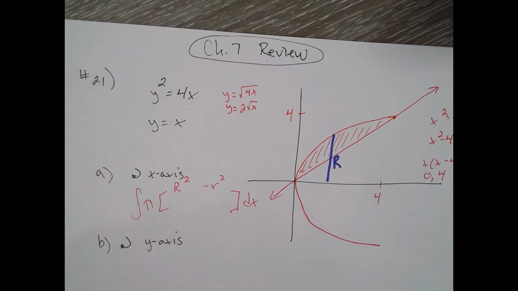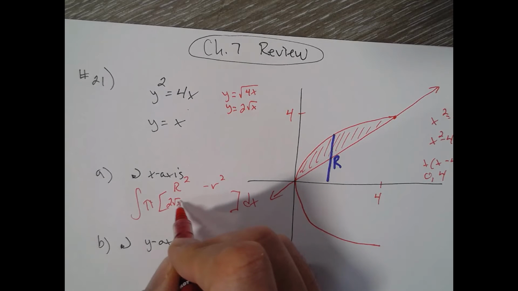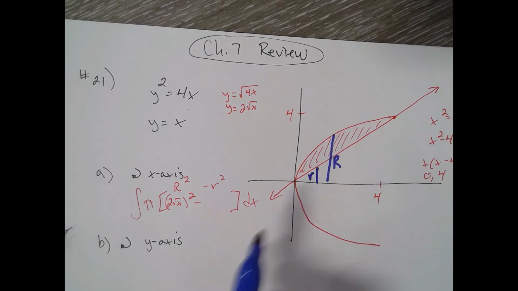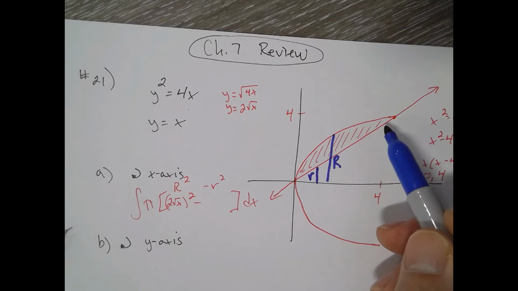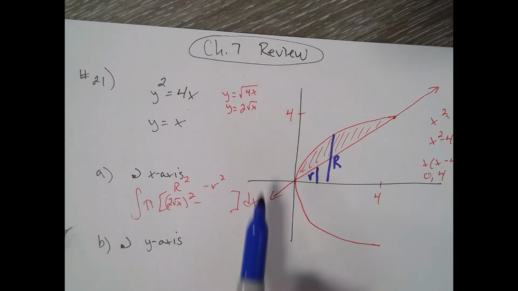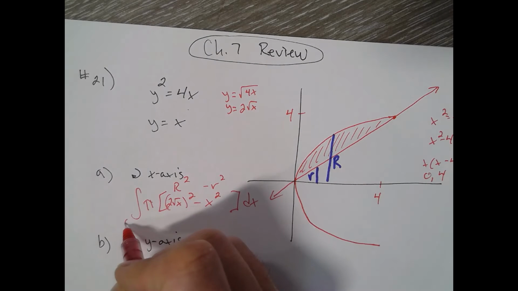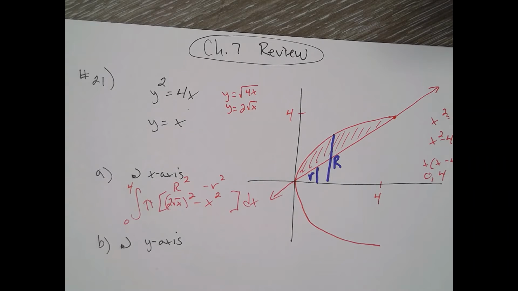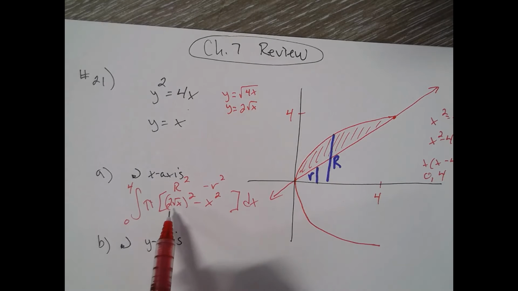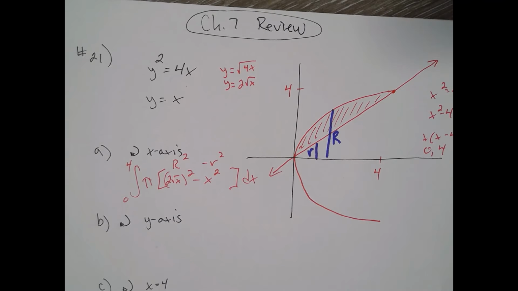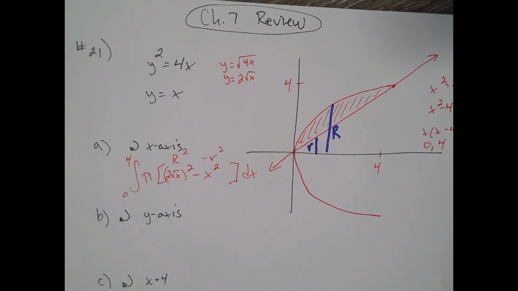That's our big R. So 2 square root of x, squared, minus our little r, which is just this y, which is equal to x. So we'll plug x in, and we're going from 0 to 4. I'm not going to evaluate the integral here or even clean it up. It's going to be 4x minus x squared, but that's the difficult part, the math that's difficult in this problem, I think. Okay, so now we're going to revolve it around the y-axis.